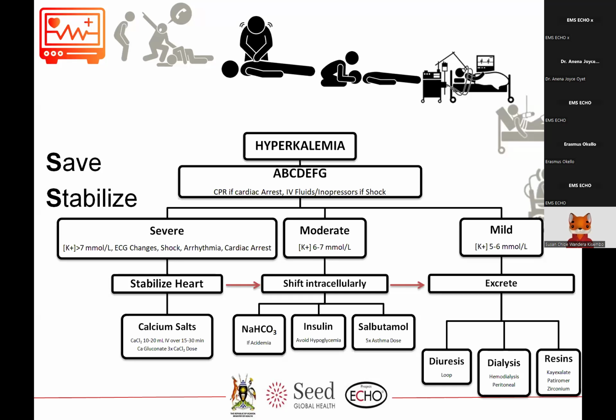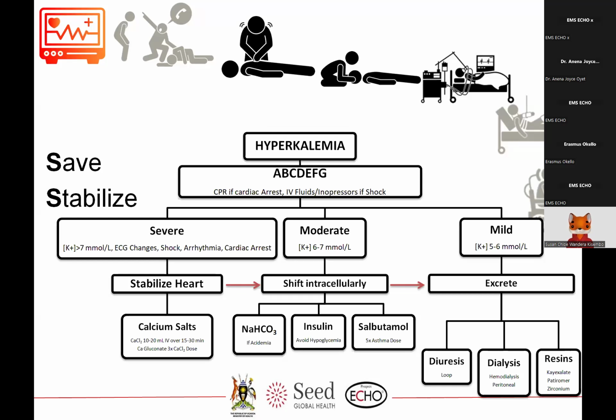And stabilizing the heart is done by administering a new electrolyte that is not interfered by the sodium potassium ATPase pump. In hyperkalemia, what will happen is that because of the high potassium, the cell membrane becomes insensitive to sodium entry. So it can't depolarize anymore.